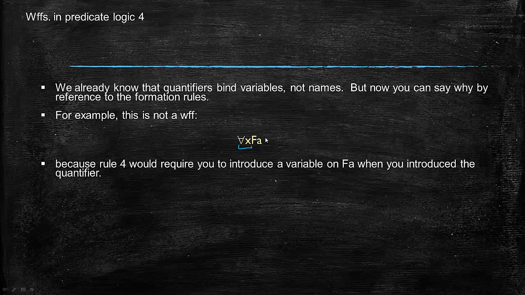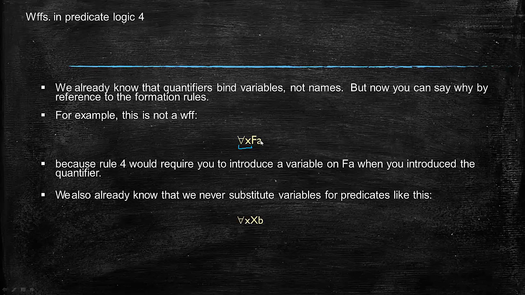So how do you show that with respect to the rules? Well, the rules tell you that if you start with an atomic proposition like Fa, and you're going to attach a quantifier to it, you have to stick a variable in somewhere, and there is no variable that's stuck in anywhere.